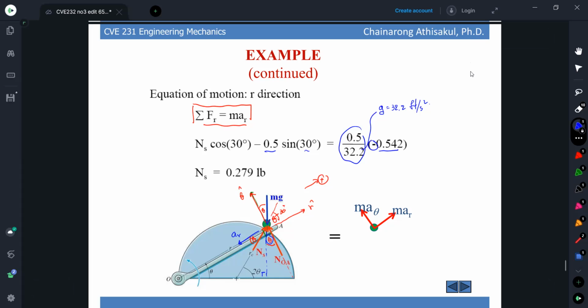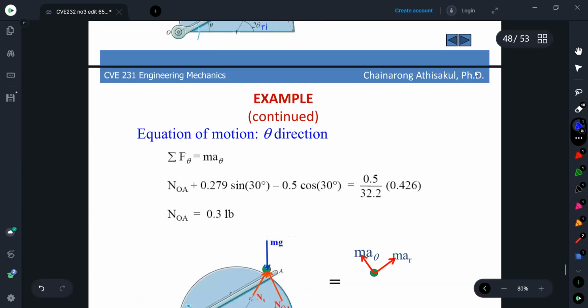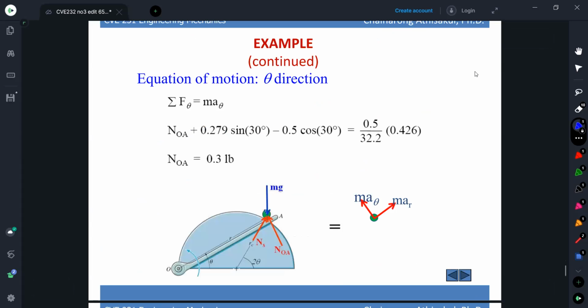So from this equation, we can determine the first normal force, Ns, and it is equal to 0.279 pounds.